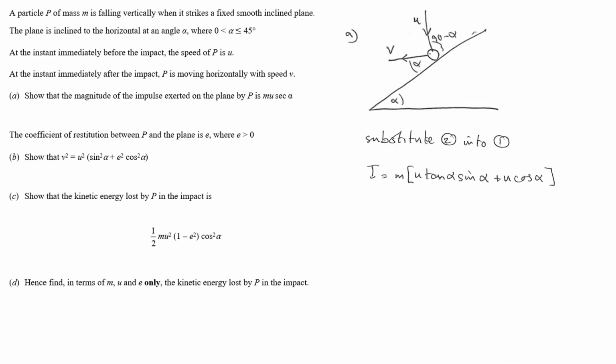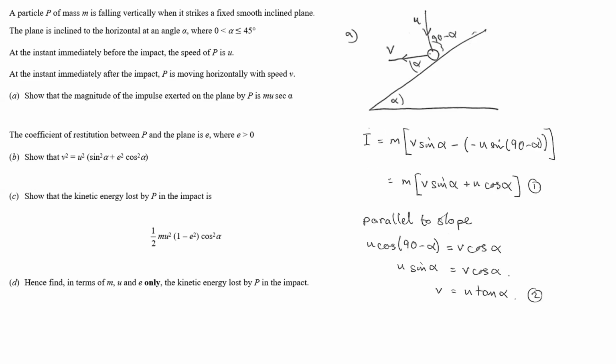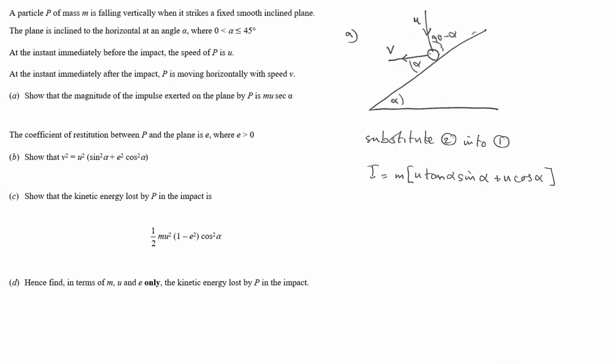So I substituted 2 into the impulse. So let's just go back. So V equals U tan alpha is equation 2. And I substituted that into there for V.